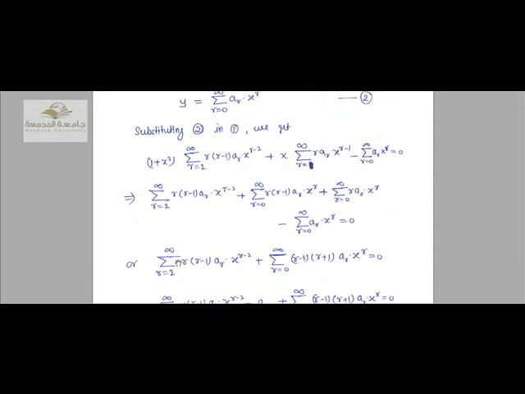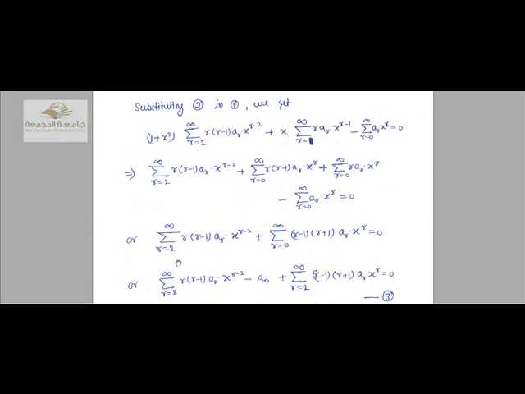Now substituting 2 in equation 1, we get (1 plus x square) summation r is equal to 2 to infinity r(r minus 1) a_r x to the power r minus 2 plus x summation r is equal to 1 to infinity r a_r x to the power r minus 1 minus summation r is equal to 0 to infinity a_r x to the power r is equal to 0.